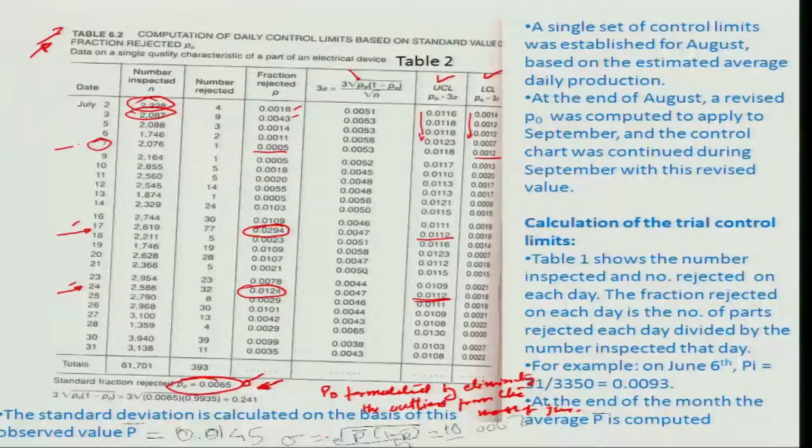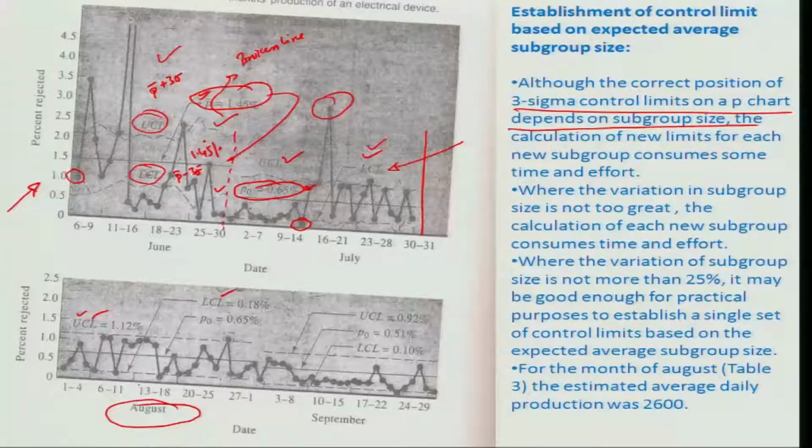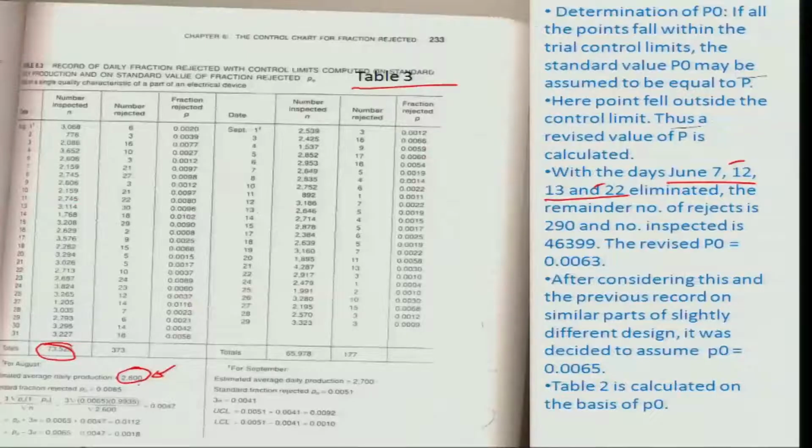And by eliminating these 3, we have calculated a fresh P0 value, which comes out to be 0.0065. But now obviously, because you want to straighten out the UCL and LCL, instead of these varying subgroup sizes on a daily basis, we are using the average production, which is 2600 on a daily basis, and that helps you to calculate the fixed set of UCL and LCL in this particular case, which is 0.0112 and 0.0018.